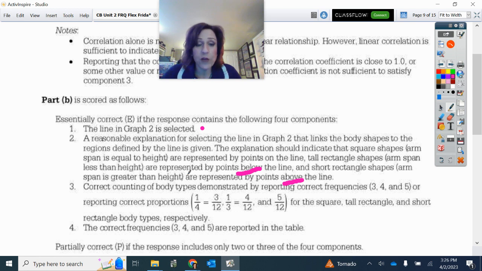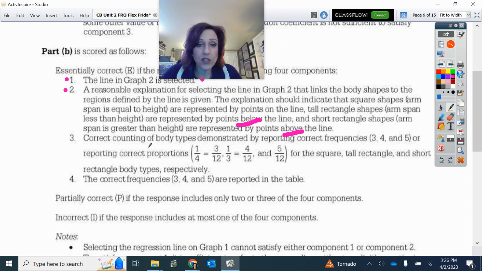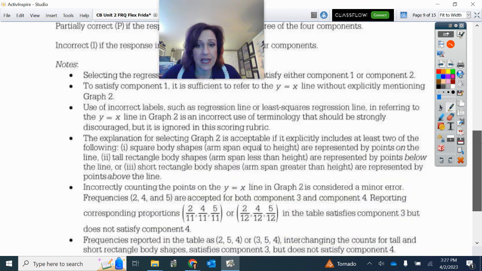So you had to include 2 of those 3 relationships to get component 2. So component 1 is stating that graph 2 is needed, then spelling out the explanation of the relationships between arm span and height. Then you had to do a correct count. So you had to do the 3, 4, and then 5 on that table, because 3 were on it, 4 were below it, and 5 were above it, and that you had those correctly written down there in the table.